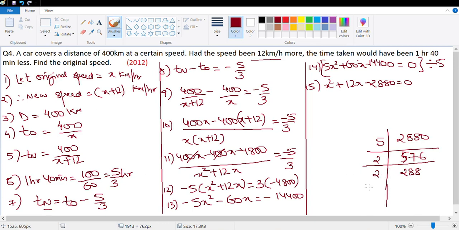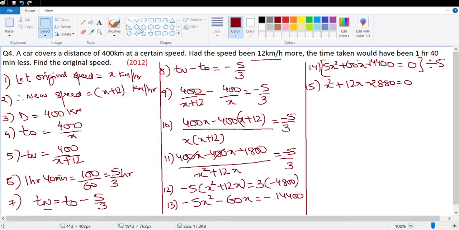Let's try 3. So that's 10, 20, 60. 60 and 48 will give me 2880, and 60 minus 48 will give me 12. Perfect. So we figured out 60 and 48.